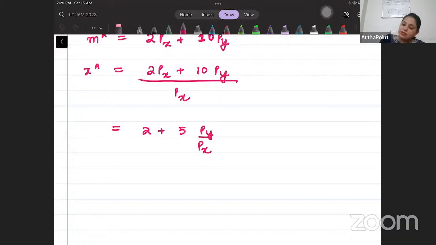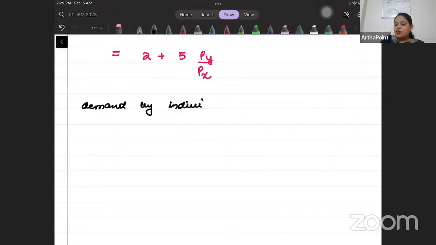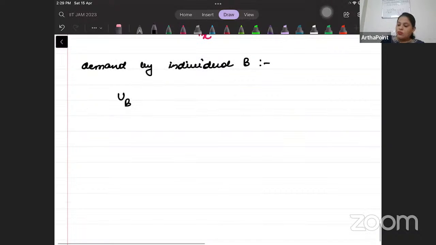Now come to the demand by individual B. If you have done things thoroughly, by now you would know that if you have a Cobb-Douglas function. If you have not, for now just understand this thing; derivation is not needed.